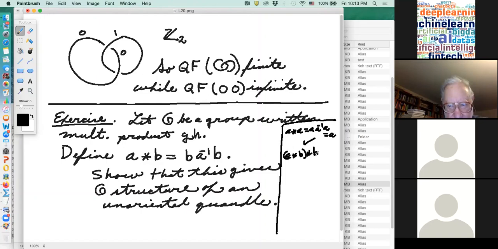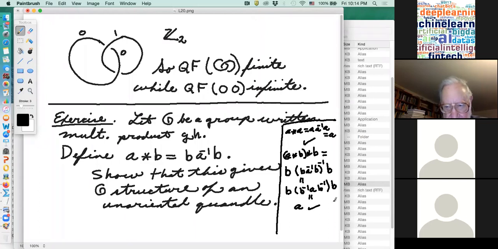And what about A times B and then times B? I'll leave the last one for you, but let's do this one. So this is B times the inverse of A times B, which is B, A inverse B, and then you take the inverse of that and you multiply by B. But the inverse of the product of group elements is the same product in the reverse order with inverses, so we get B inverse A, B inverse, and B, and this is a group, so everything is associative, so this is the same as A itself.